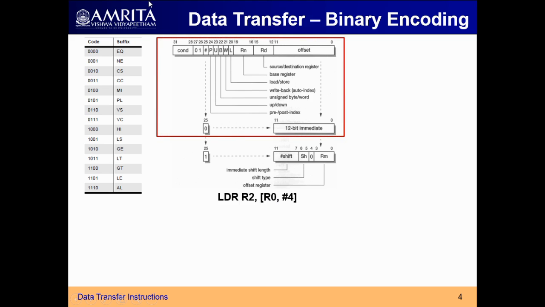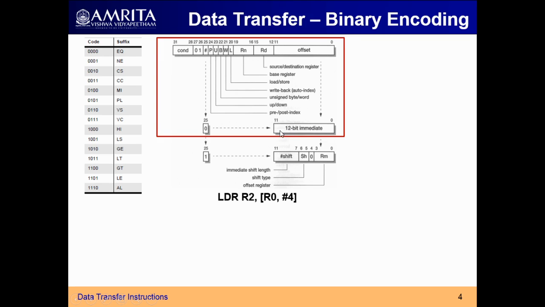In this case, you will be using this part of this binary encoded format. Since you are specifying the 12-bit immediate offset in the instruction itself, we will not be taking this one, we will be taking only this part.